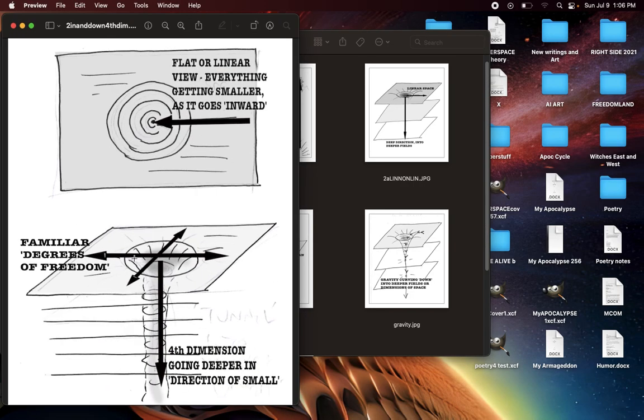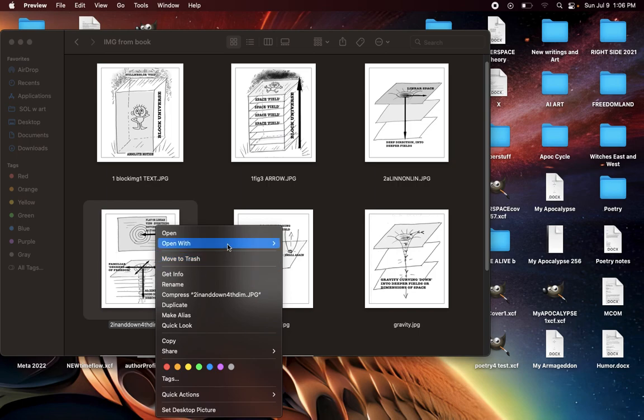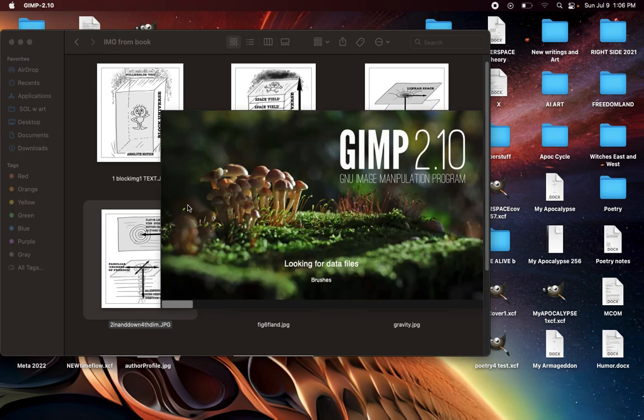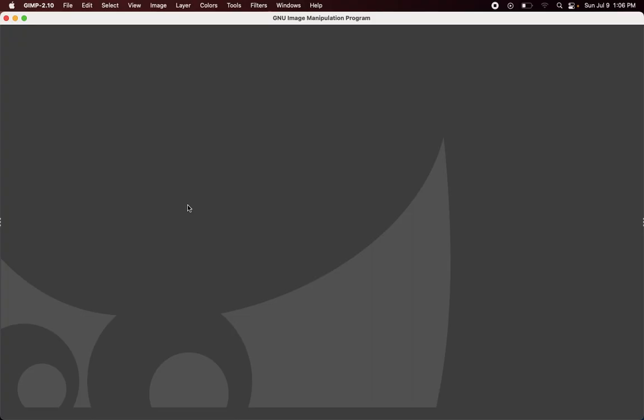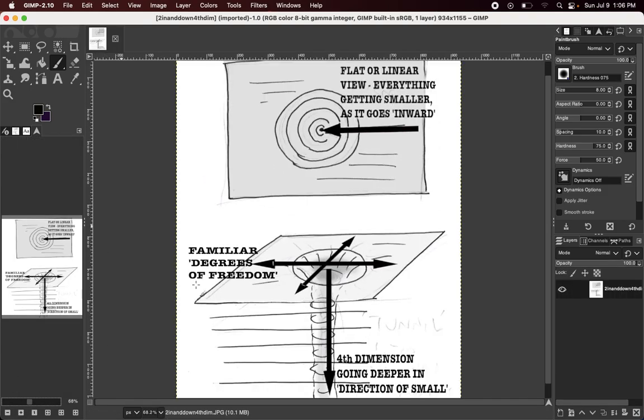So if we go back to this and go down here, these two crosses in the lower dimensional analogy would actually be 3D space, right? So when we talk about 3D space, we talk about 3 degrees of freedom, and there'd be a third, going like this.